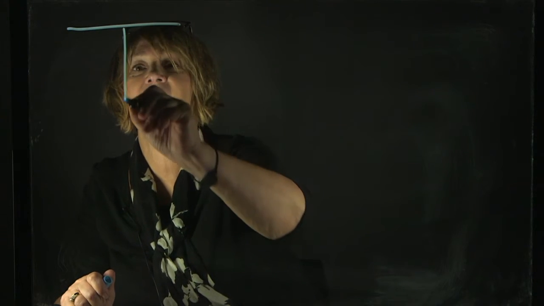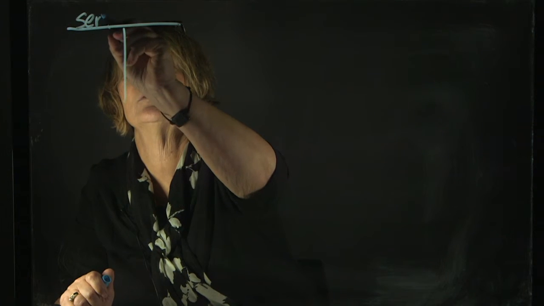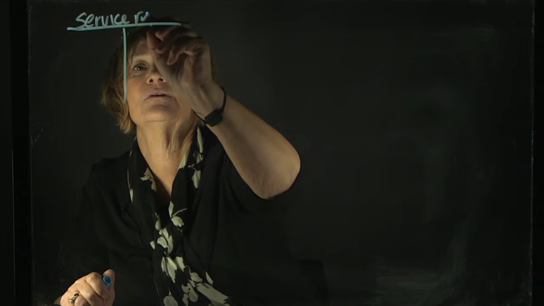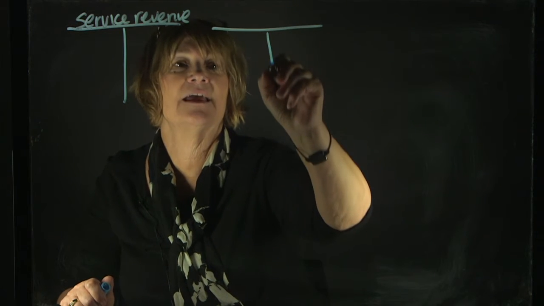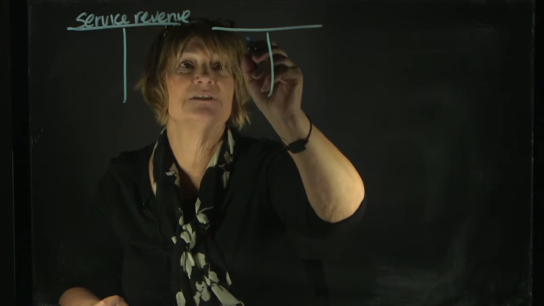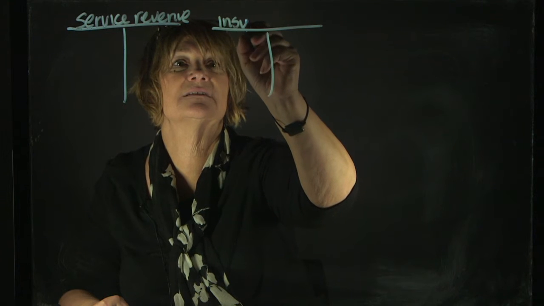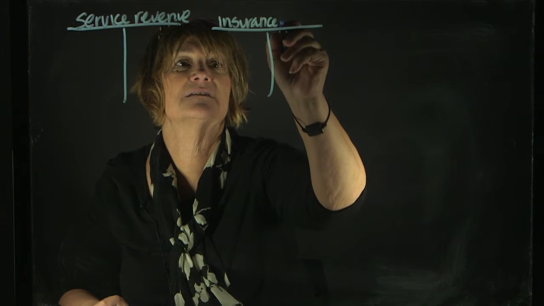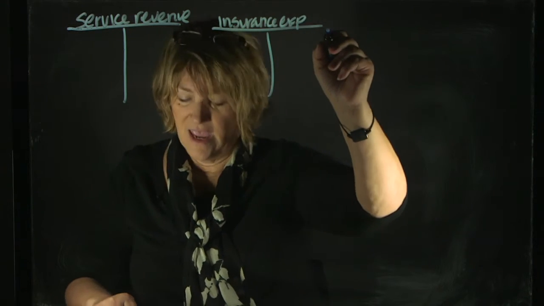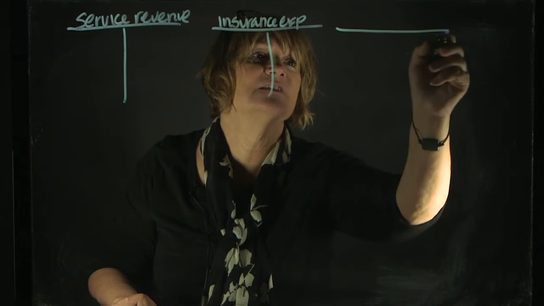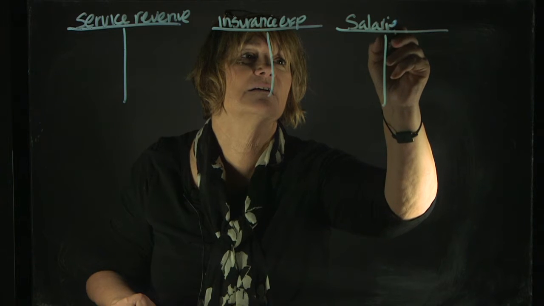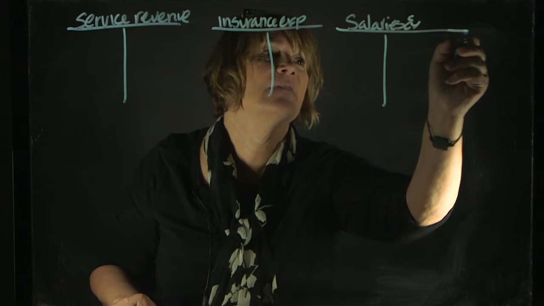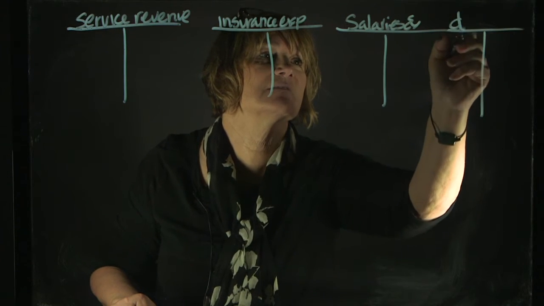So the first one that I have is service revenue. Then we go ahead and we have the insurance expense. And then the next expense is salaries. And then we have dividends.